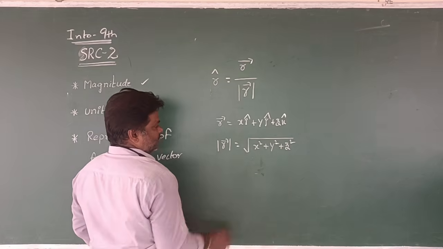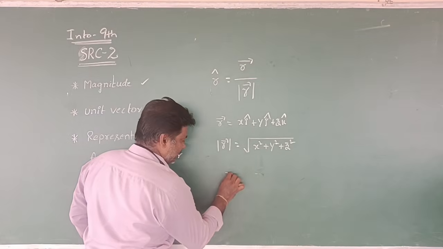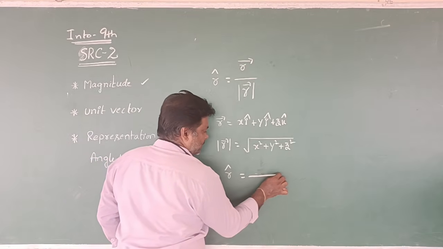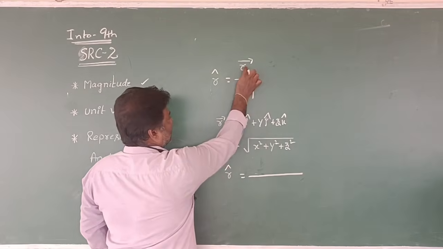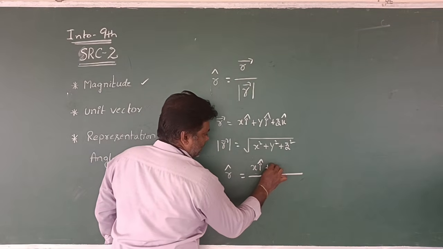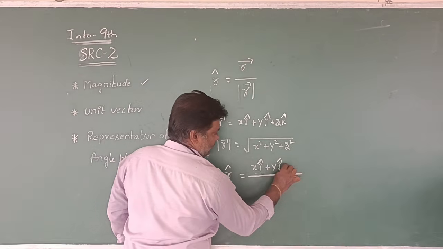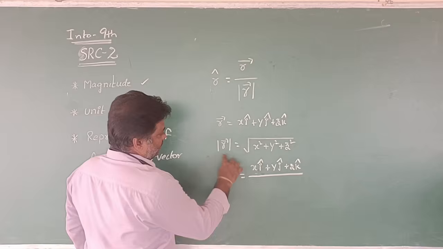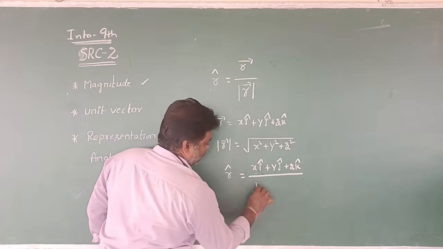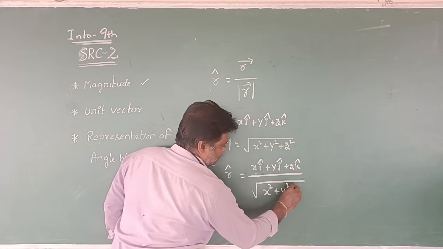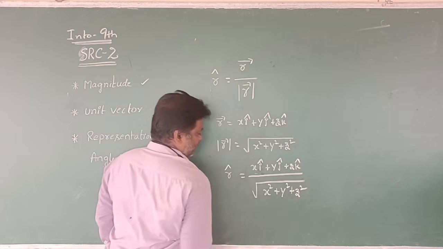Now how do you write r cap? This is the formula. First of all, you write r bar, which is x i cap plus y j cap plus z k cap, and the magnitude of r bar is root over x square plus y square plus z square.